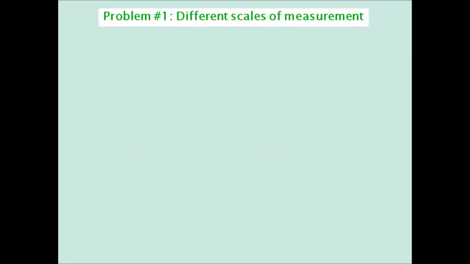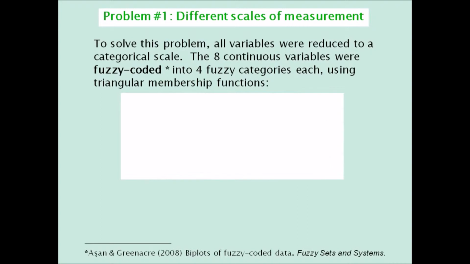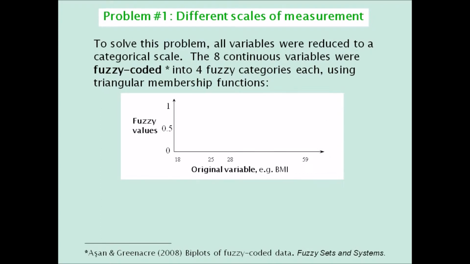To homogenize the scales of measurement, all variables need to be categorical. Fuzzy coding converts a continuous variable to a fuzzy categorical one. In this case, 4 fuzzy categories were defined for each continuous variable using 4 triangular membership functions.